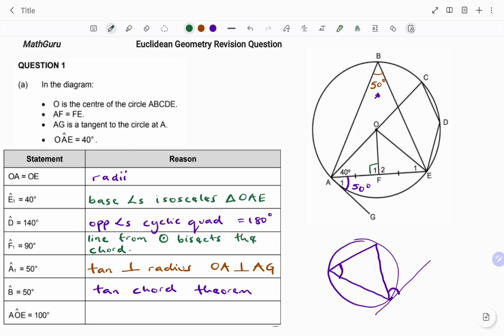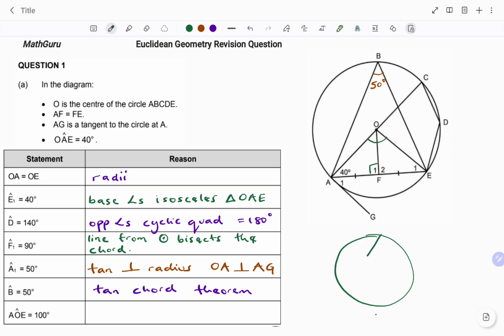And last but not the least, we have angle AOE. I'm going to highlight that. AOE is equal to 100 degrees. That's the theorem that states that. I'm going to draw that out. If I have the circle as drawn with the center O, then the circle theorem says the angle at the center is twice the angle at the circumference.